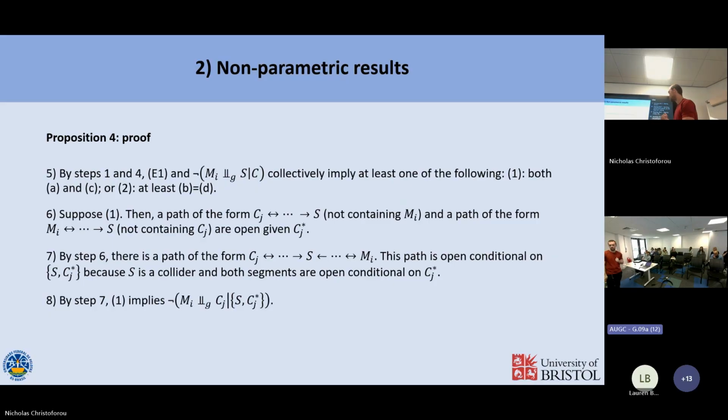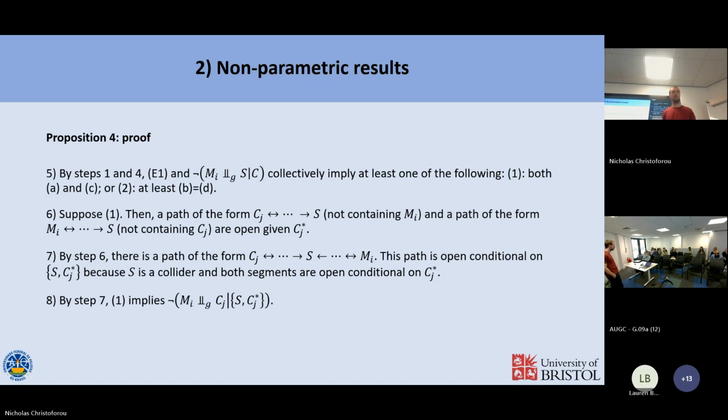Which means that if I condition now not only on Cj star but also on S, the path between C sub j and Mi is going to become open, because this is open conditional on Cj star, this is open conditional on Cj star, and S is a collider. So if that's the case, then we have M sub y and Cj being deconnected, conditional on S and Cj star. This is just expressing in a more compact notation what that means.